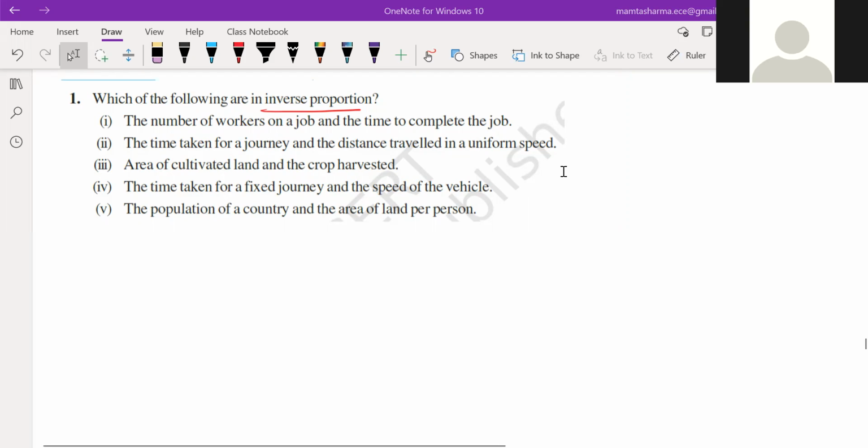The time taken for a journey and the distance traveled at a uniform speed. Yes. They are time taken and the distance traveled.